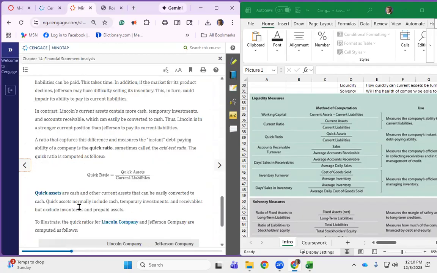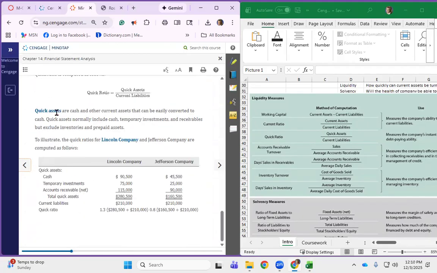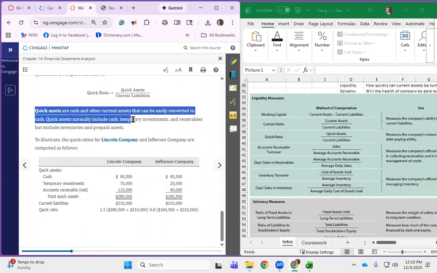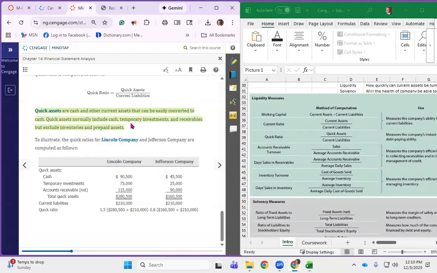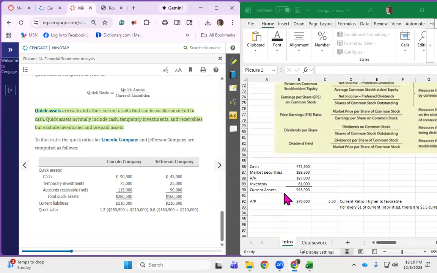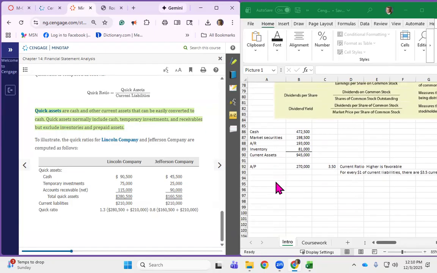So what are quick assets? Quick assets are cash and other current assets that can easily be converted to cash. Normally, they're cash, temporary investments, which is your marketable securities, and accounts receivable. You would have to know that because you are not going to include inventory for this next formula.